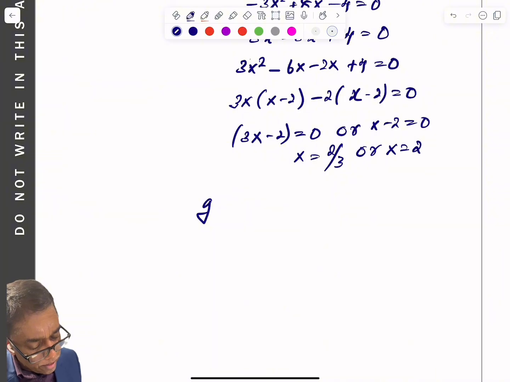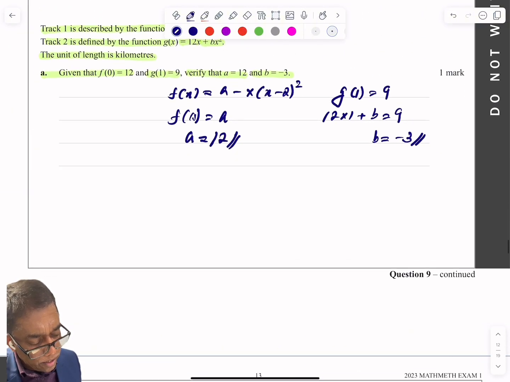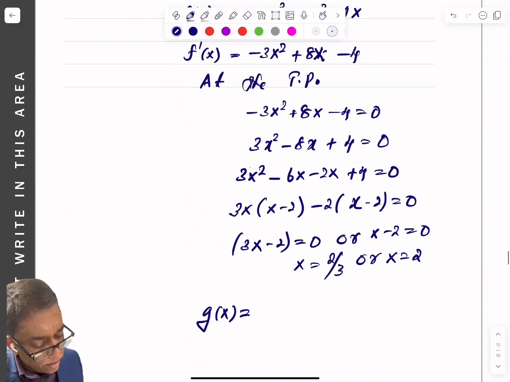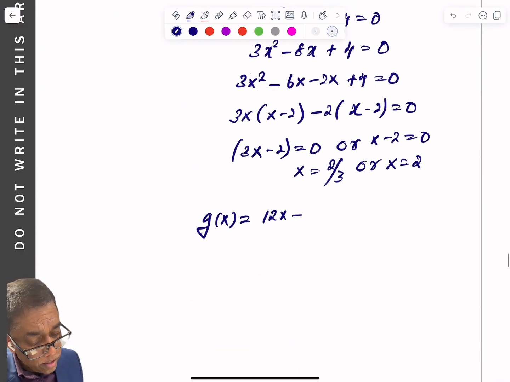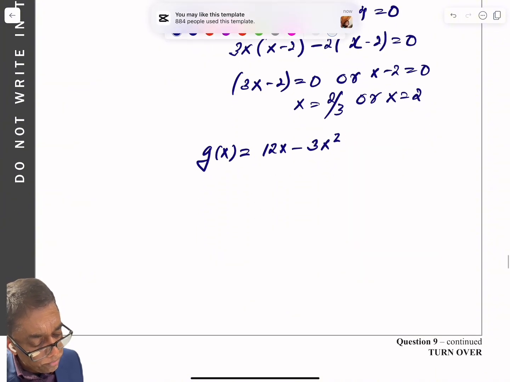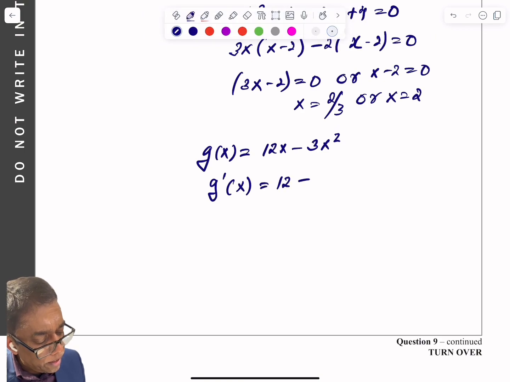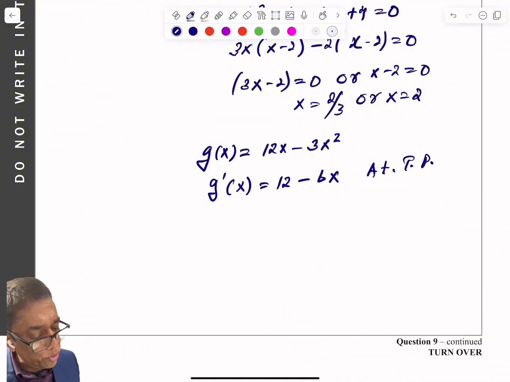Then g(x) can be written as 12x minus 3x squared, since b is negative 3. g dash x is 12 minus 6x. At the turning point, 12 minus 6x is equal to 0. Therefore, x is equal to 2.